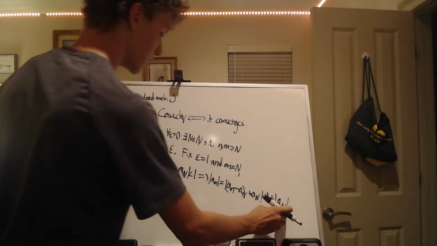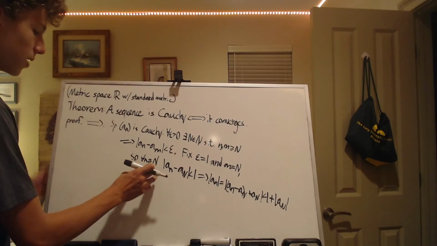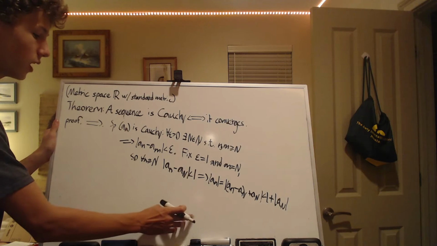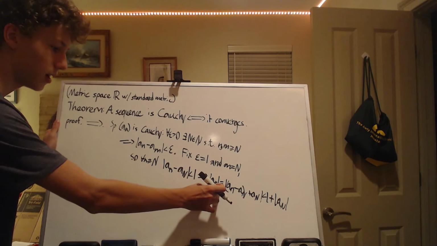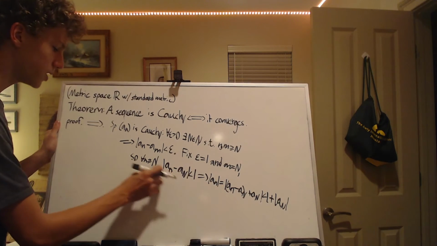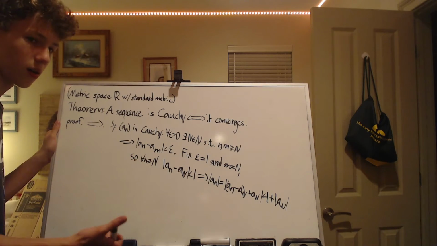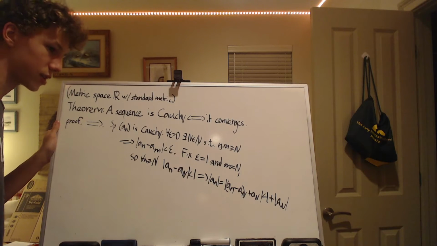There's also this last step, which is kind of a technicality, of considering the set of the absolute values of all the terms preceding a sub capital N, so a sub 1 all the way to a sub capital N minus 1.